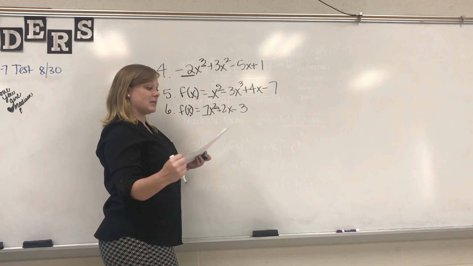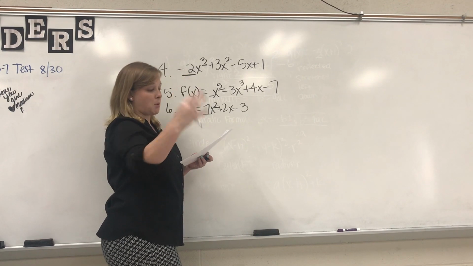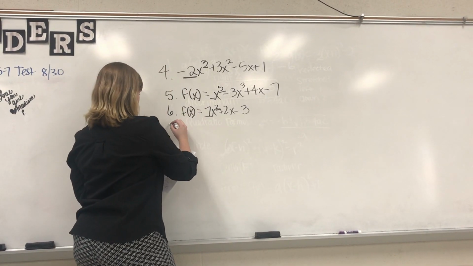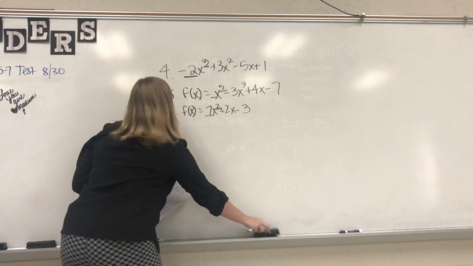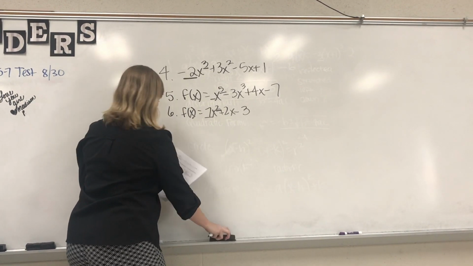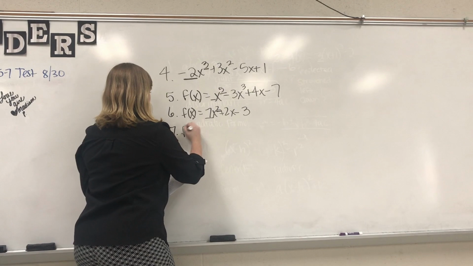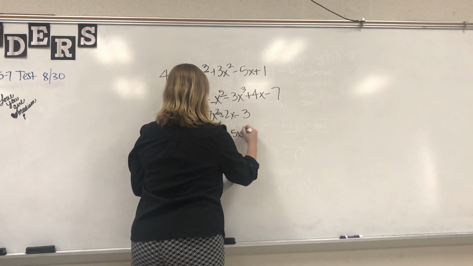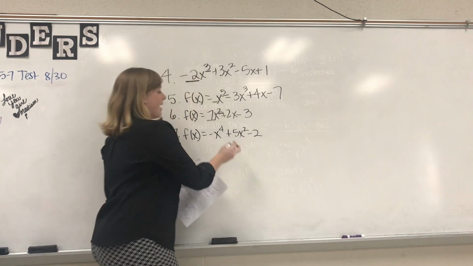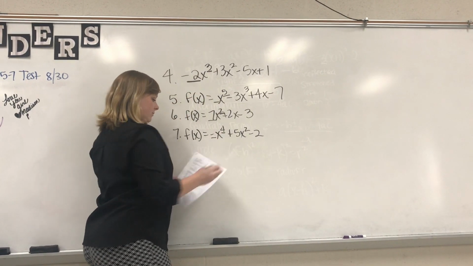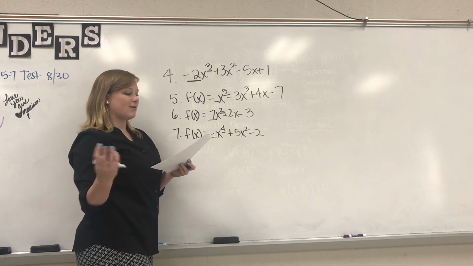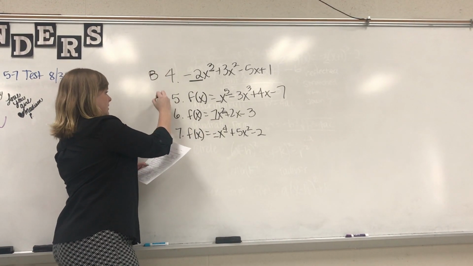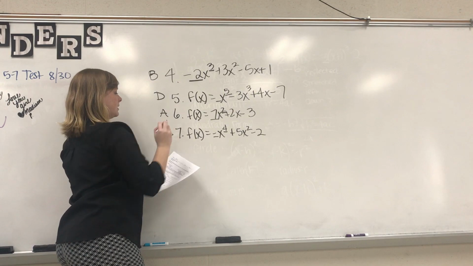A has a positive 6 leading coefficient and a 4 exponent, so that fits positive and even. So 6 and A go together. And lastly, number 7. I have even and negative, so I look for even and negative, and the only one left is C. So you should have gotten B, D, A, and C.